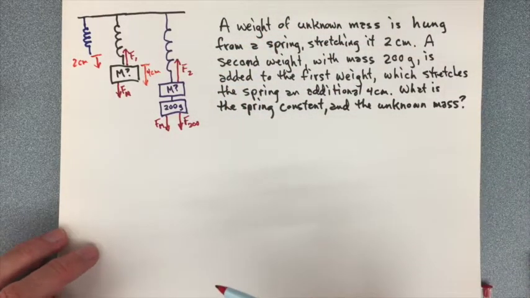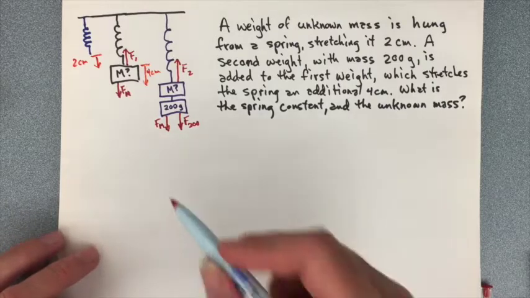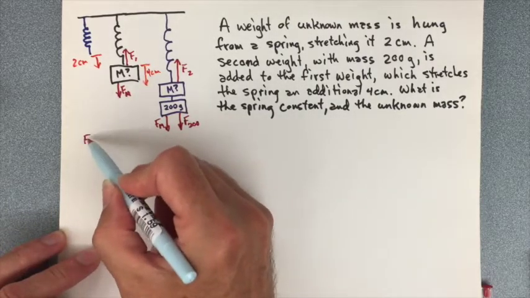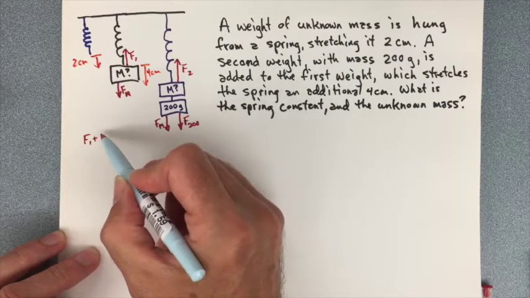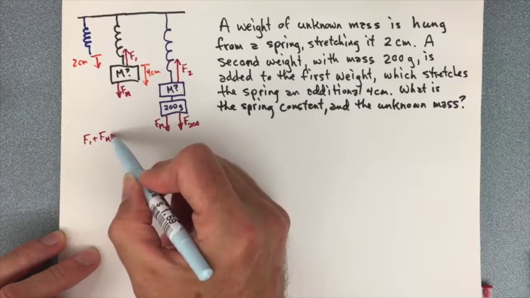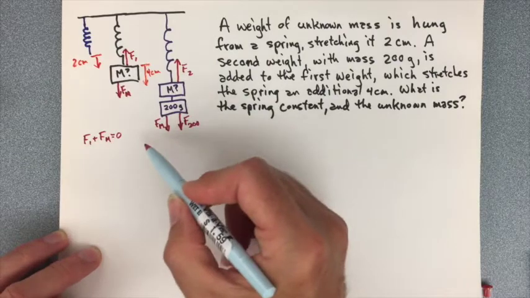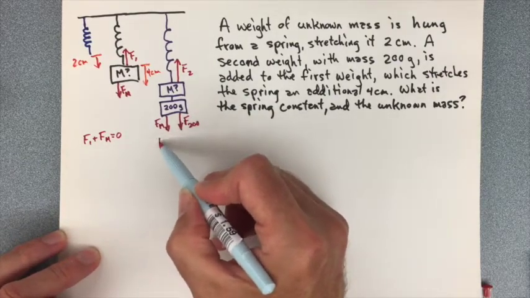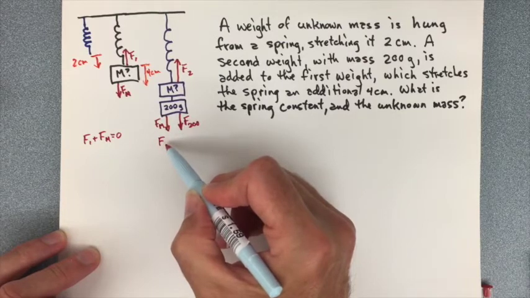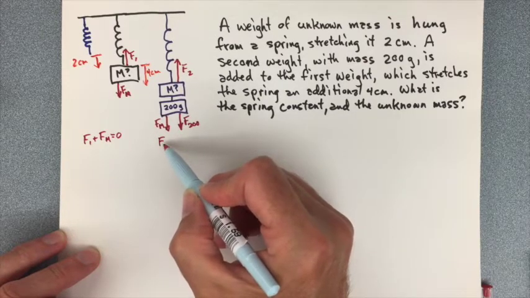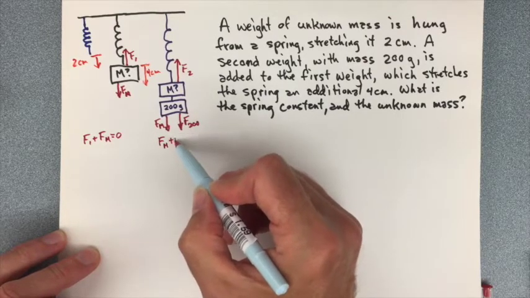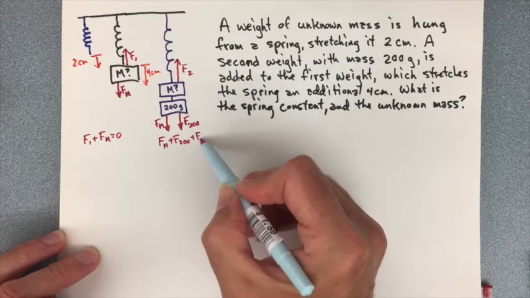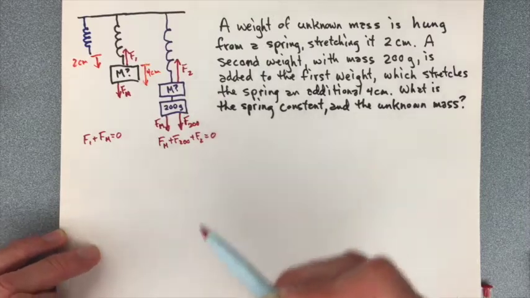So in these two particular cases, in the first, because this thing is at rest, we have F1 plus Fm is equal to 0. In this case over here, we similarly have Fm plus F200 plus F2 is equal to 0.